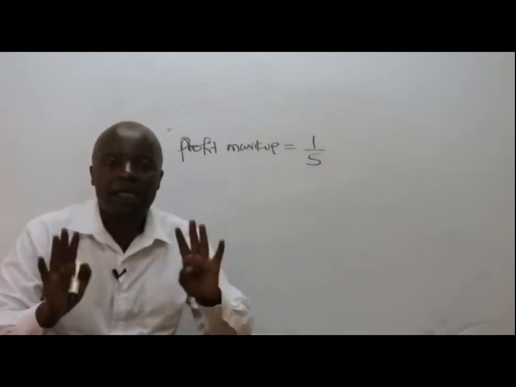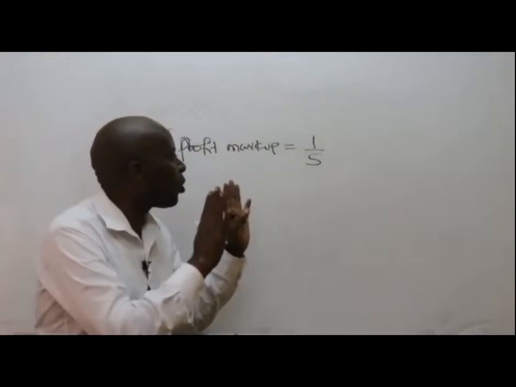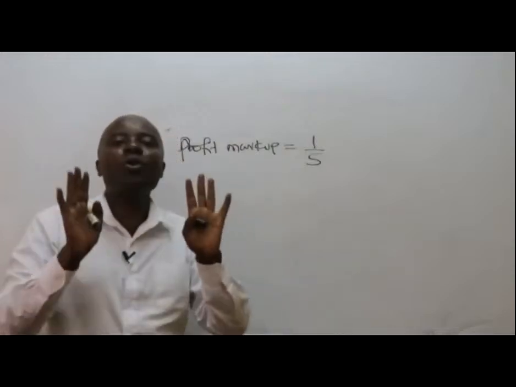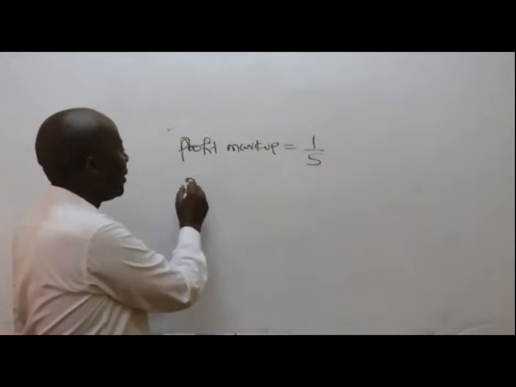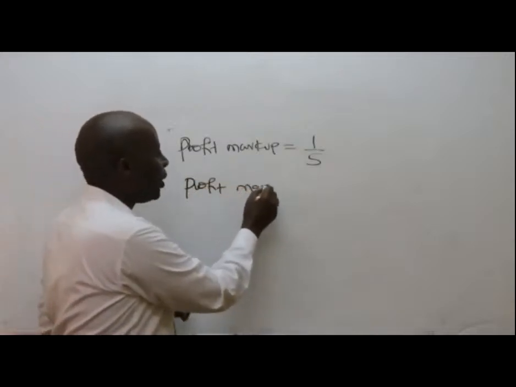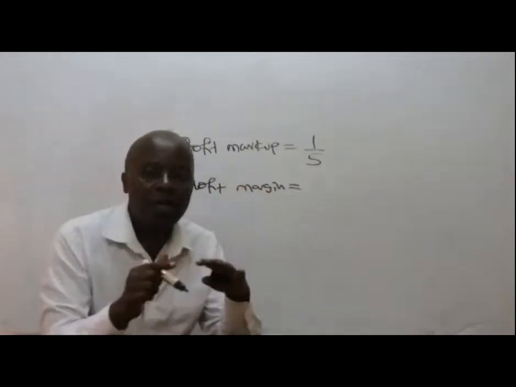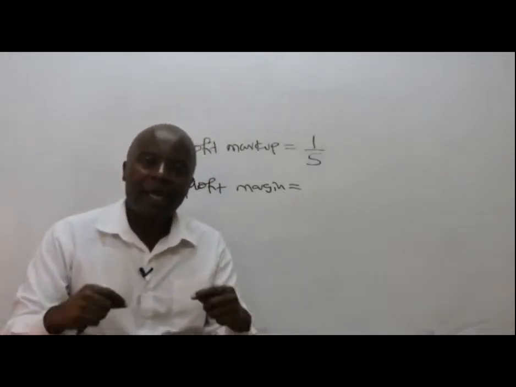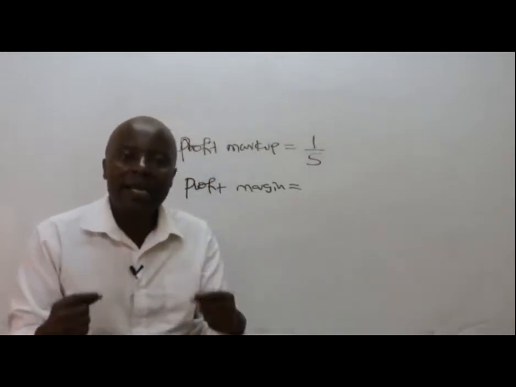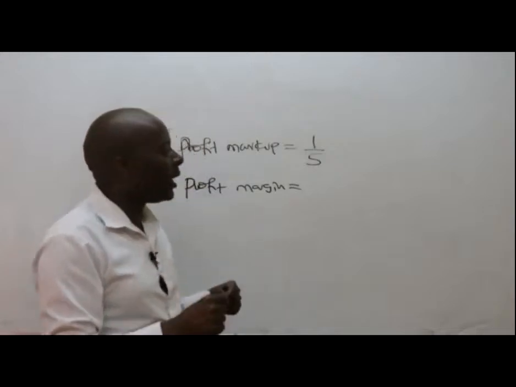So whenever I see the profit markup, I need to know how to change the markup to margin. It's easy: profit margin always has a bigger denominator. I'm repeating again, profit margin has a bigger denominator.